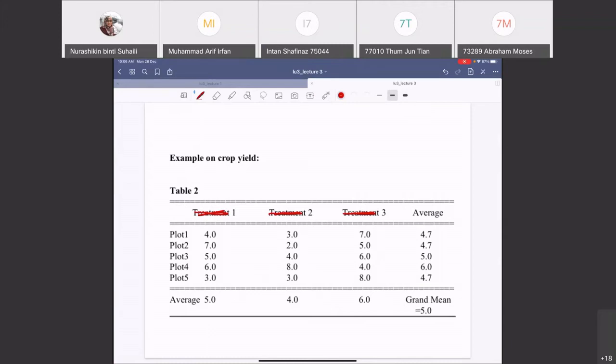For example, just now I gave you the example of comparing the heights of students across the faculties. The first aim is to compare between the samples, sample A, B, and C. The second aim is to compare in terms of the block, like year 1, year 2, year 3.